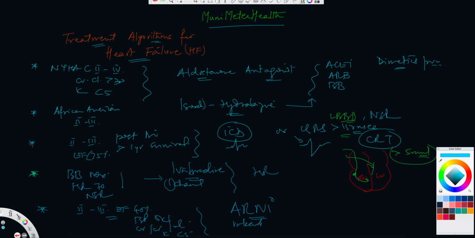So the starting dose here is 49 to 51, twice daily, and then it can be increased if necessary, and we can discuss all those at a later time.